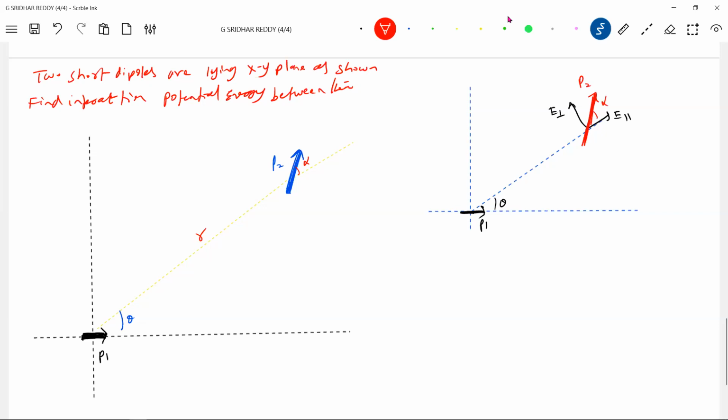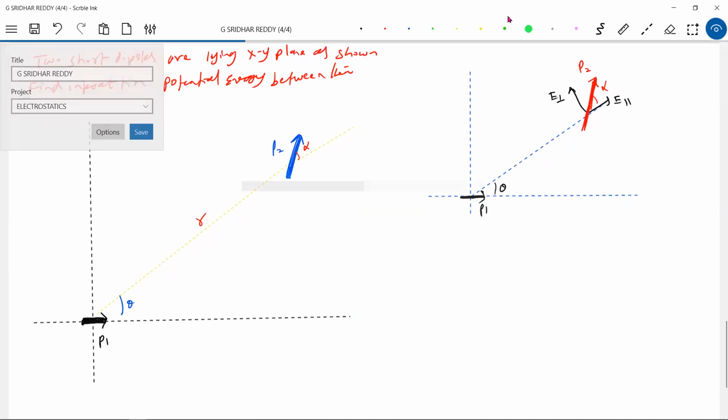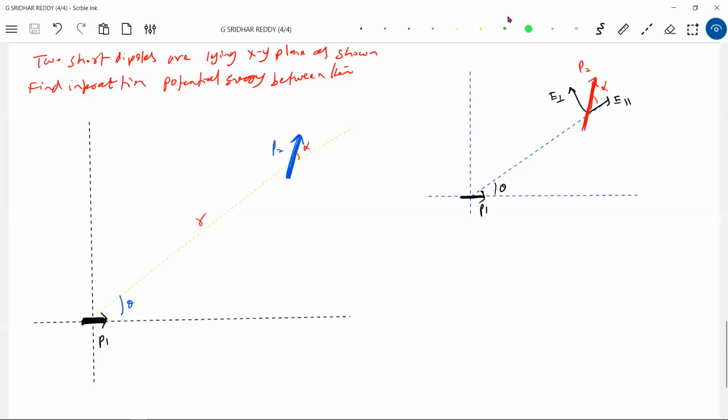This will be much clearer. Now we'll calculate the dipole present in the field of this, calculate the interaction potential due to these two components, and add up to get the required answer. For this method you have to take help of mathematics, rather than fighting with the concept. Let me begin here.